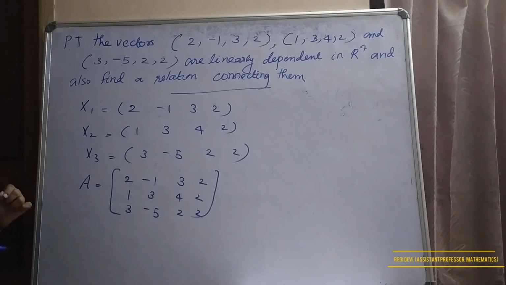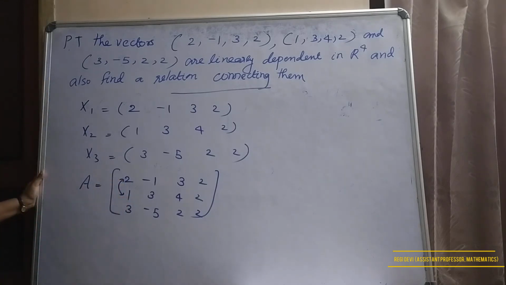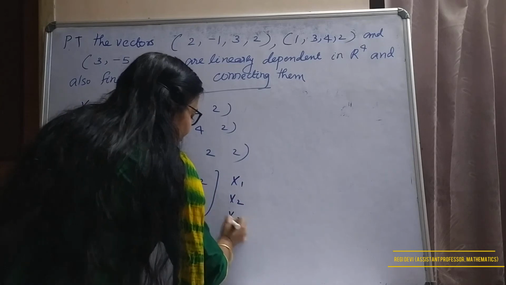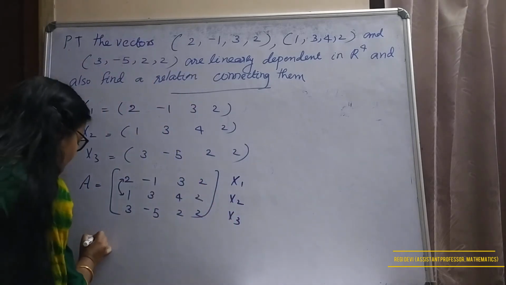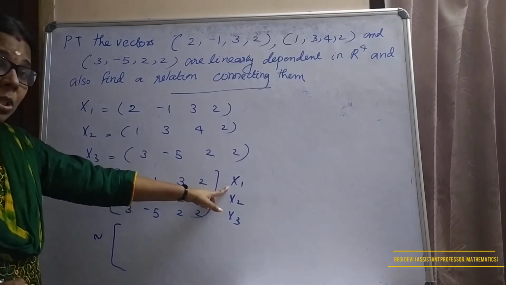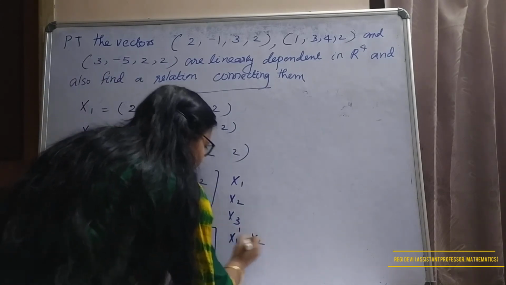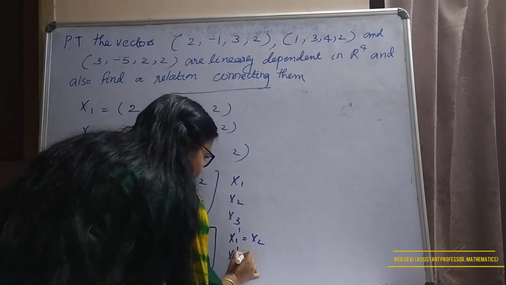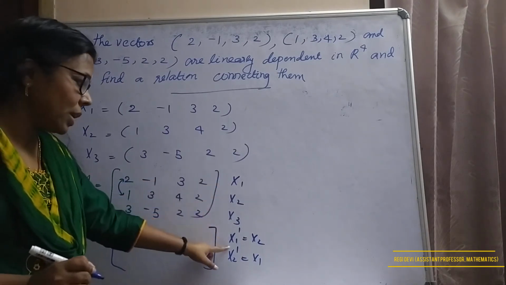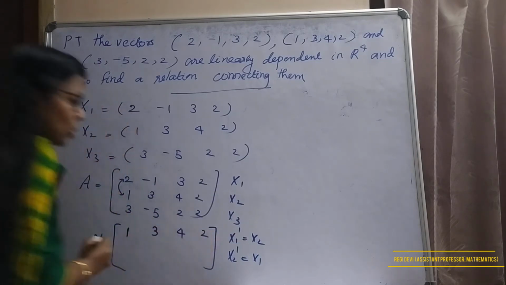For reducing it into row reduced echelon form, first interchange the first two rows. x1 changes to x1 dash, where x1 dash is x2, that is 1, 3, 4, 2 as first row.